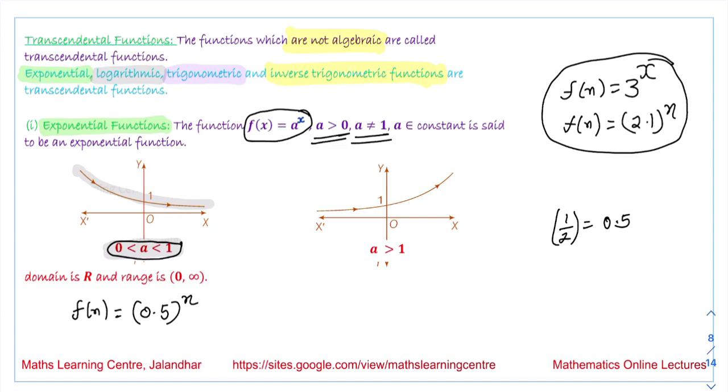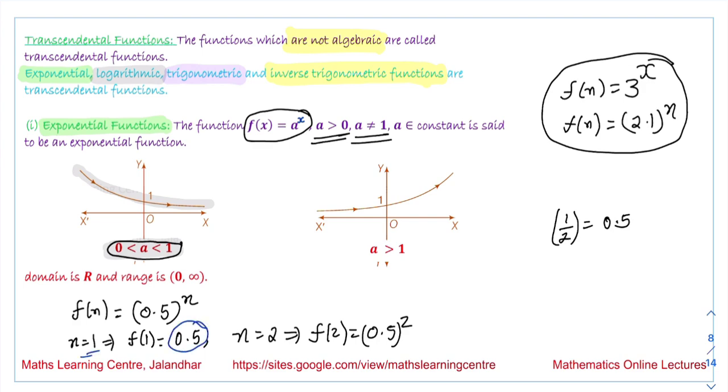If I substitute x is equal to 1, I will obtain f(1) is equal to 0.5. If I substitute x is equal to 2, f(2) will be 0.5 squared. So what is happening here? This value is 0.5 at x is equal to 1. When we increase the value of x to 2, this value decreases. The answer will be 0.25.